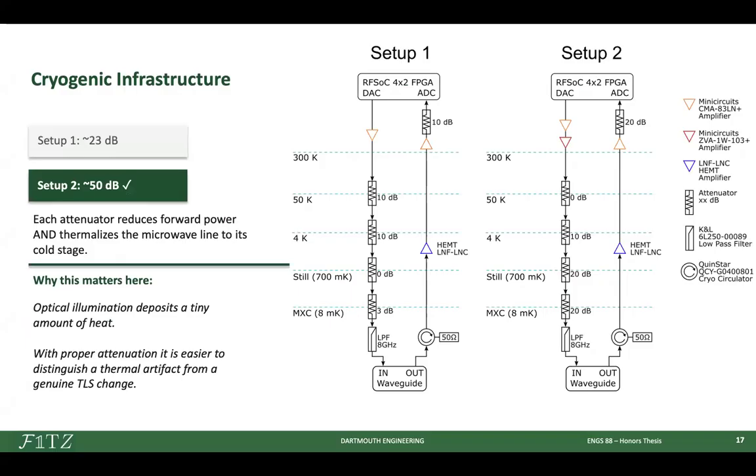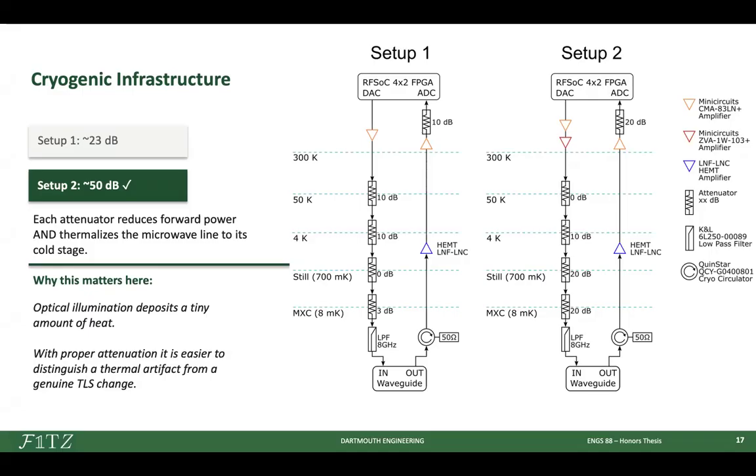On top of that, we have to make sure that our wiring setup within the fridge is appropriate for whatever experiment we're running. Now, setup one is a setup we had, which has about 23 dB of attenuation, where each attenuator is working towards reducing the forward power and thermalizing the microwave line to its cold stage.